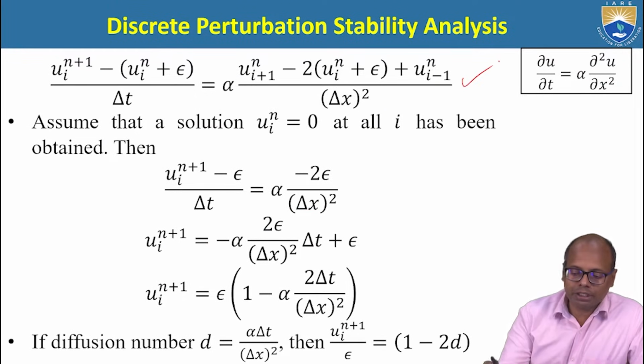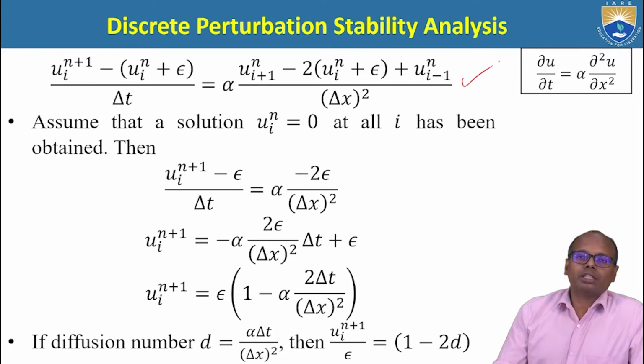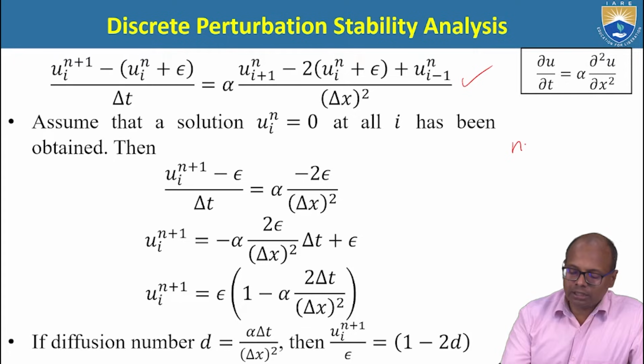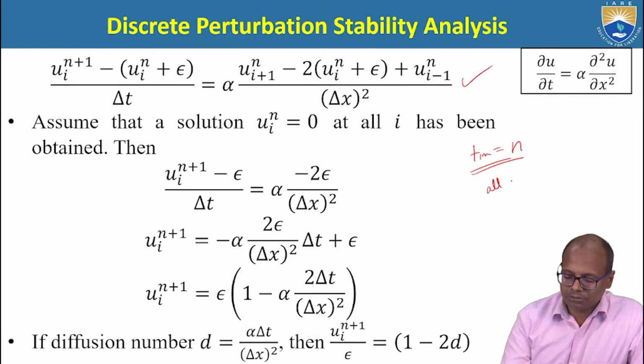Now in this equation, what we are assuming is that at time equal to n, at all nodes, at all I values, the solution is 0. So this is the assumption.